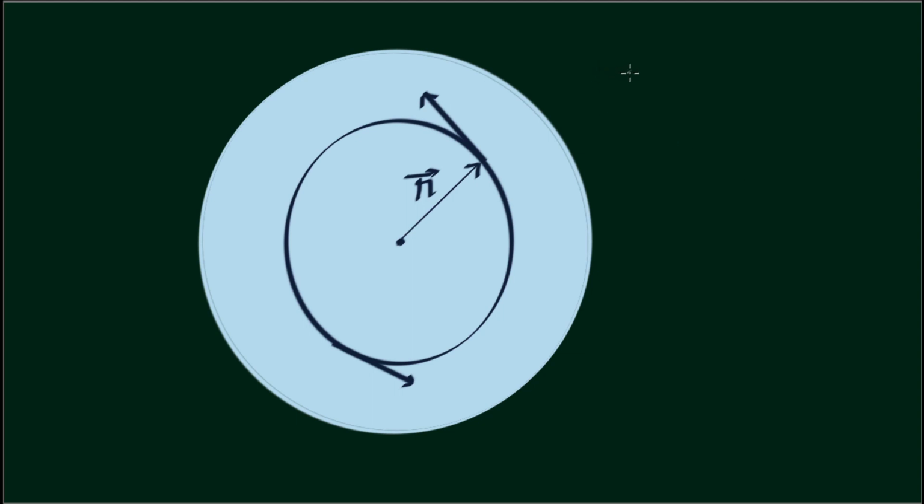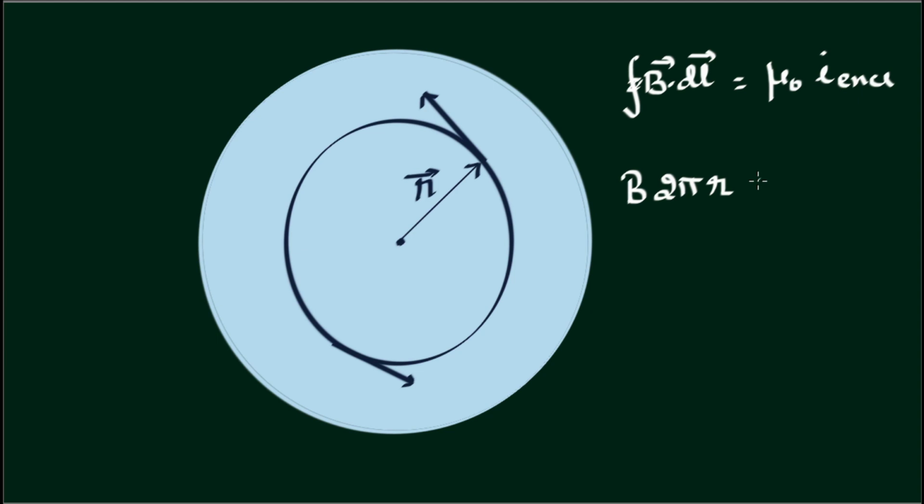So now let's apply Ampere's law around this loop. Ampere's law is the integral of B dot dl around the closed loop equal to mu 0 times the current enclosed. So the integral of B dot dl simply becomes B times 2 pi r, and that is equal to mu 0 times the current enclosed.